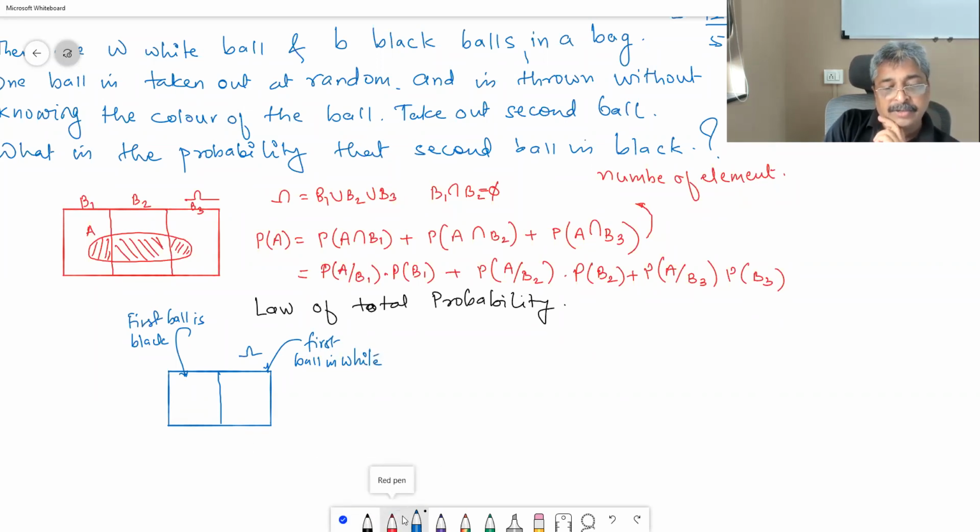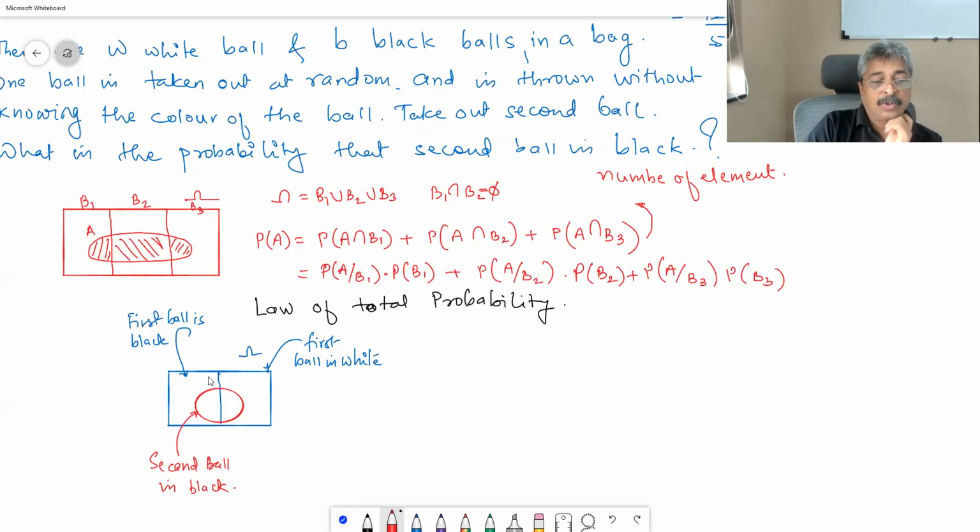However, you are required to find the probability of the second ball. The probability of this event is second ball is black. Let us call this event A in our earlier notation, and the first ones event B1 and event B2.